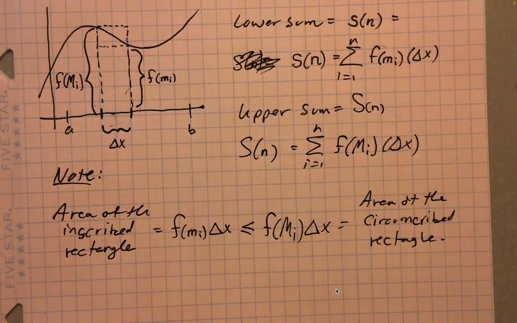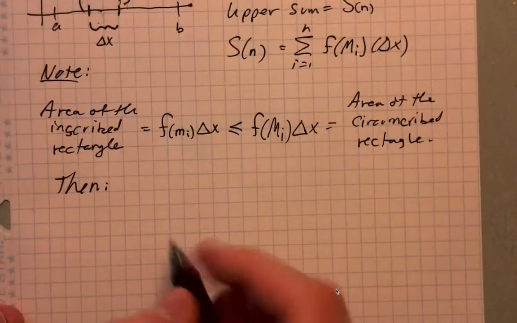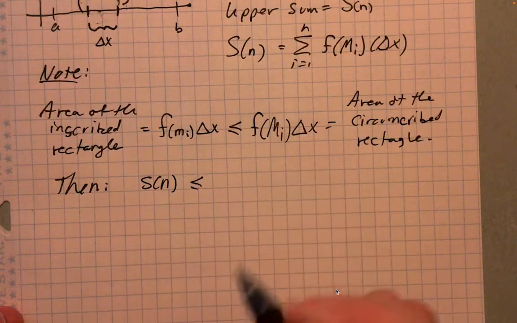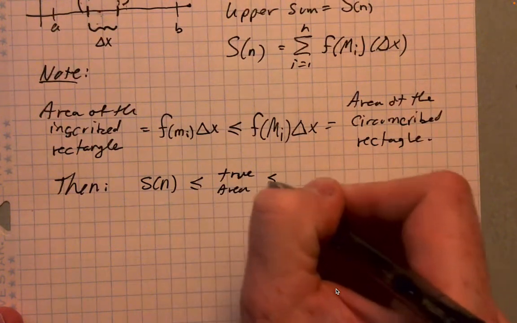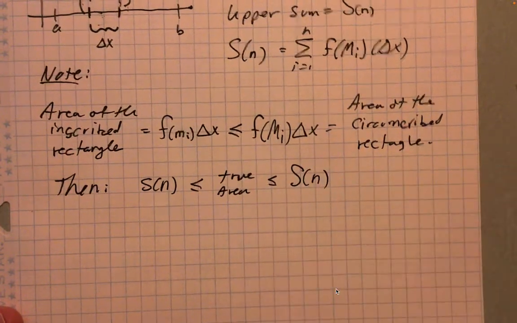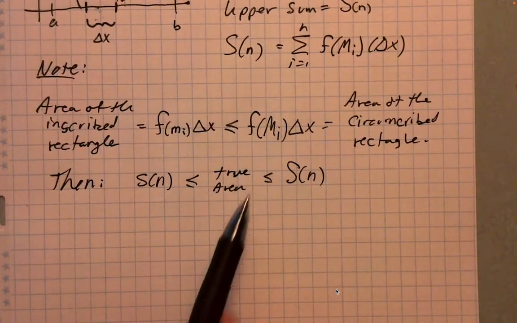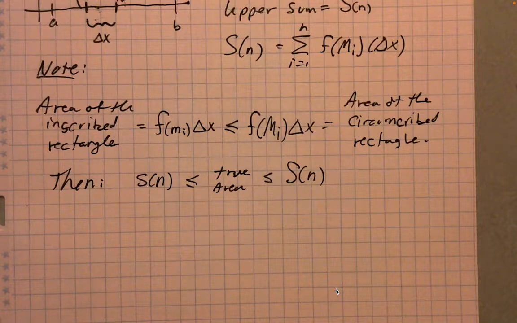Okay, and so clearly from this it would follow that little s of n will be less than or equal to the true area, which would be less than or equal to big S of n. Okay, so lower sum will be less than or equal to the true area, and the upper sum will be greater than or equal to the true area.